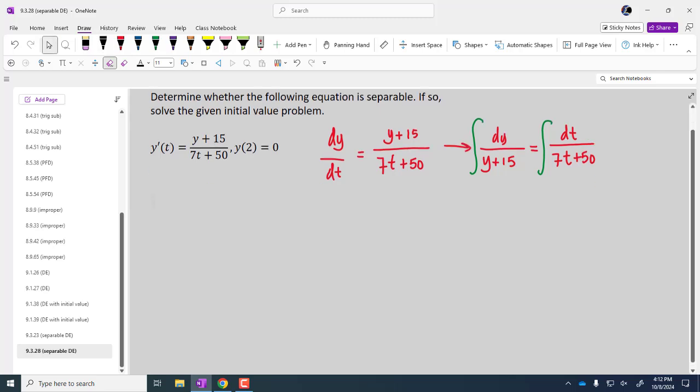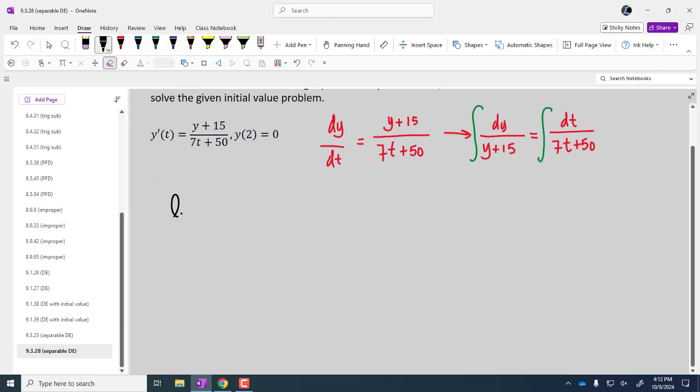The left with respect to y, the right with respect to t. The left side becomes natural log absolute y plus 15. The right becomes 1/7. So we have to use reverse chain rule. Or you could do a 7 here and a 1/7 out in front.